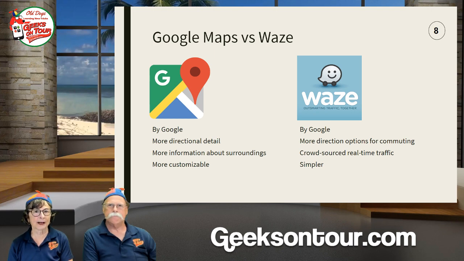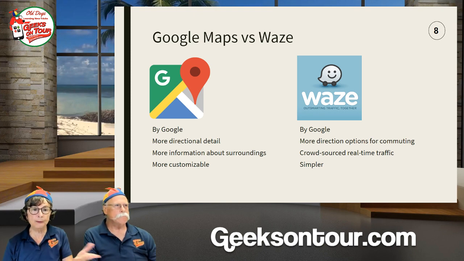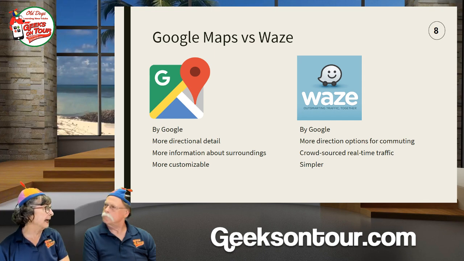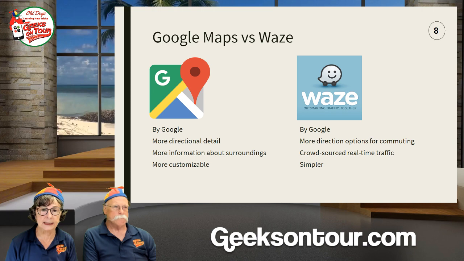Well, number one, did you know that Waze is owned by Google? It's the same company making it as Google Maps. But number two, we use them both. I have Google Maps when we're on the road, navigating on my phone. Jim has his phone stuck up on the dash, and it's using Waze.